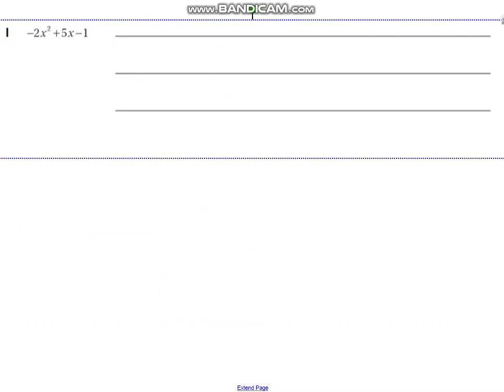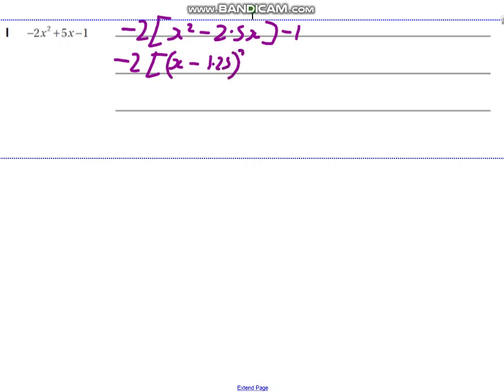Okay, and then the last one on this section, so again we're going to take out a minus 2 here, and then that's going to give us x squared minus 2.5x, so then that's going to be minus 2 times x minus 1.25, those brackets squared.